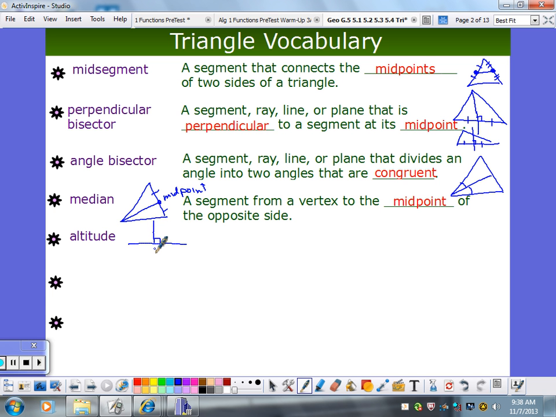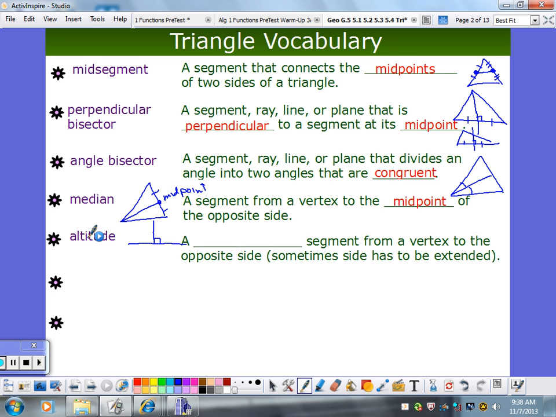So an altitude is a perpendicular segment from a vertex to the opposite side. So an example here, I'll get rid of my little airplane drop, is if you have a triangle, you drop a perpendicular. This is the height of a triangle, and altitude is the height of a triangle.